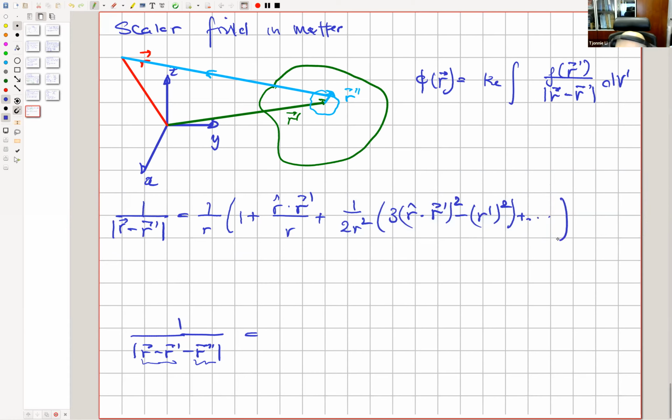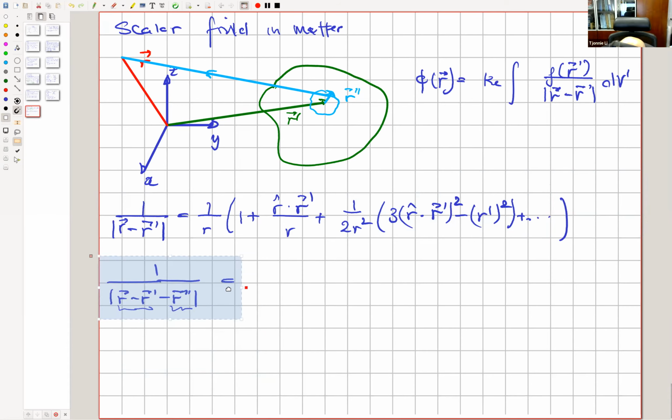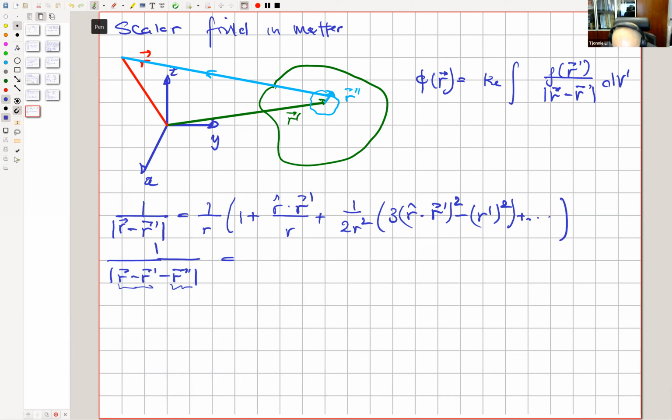Okay, so I can do the same thing now with this expression that I have below here, but instead now we're going to take our double prime to be the small one, and so I can write this as R minus R prime J, plus R minus R prime J. I'll show exactly where the J comes from, because the J here is to denote which element I'm considering.